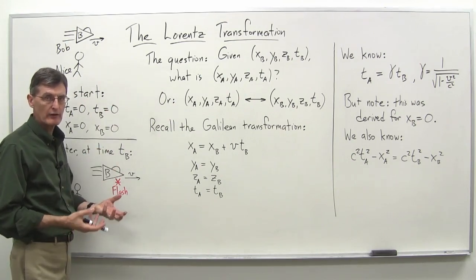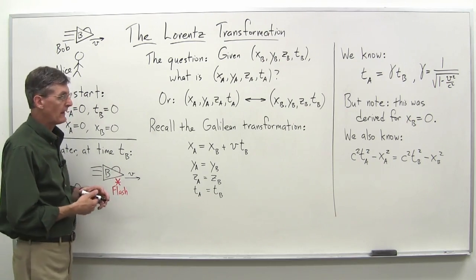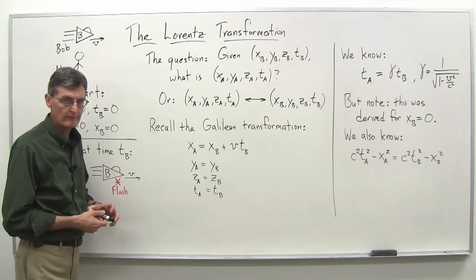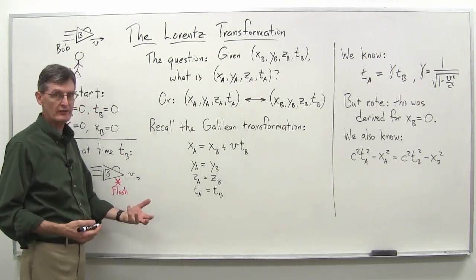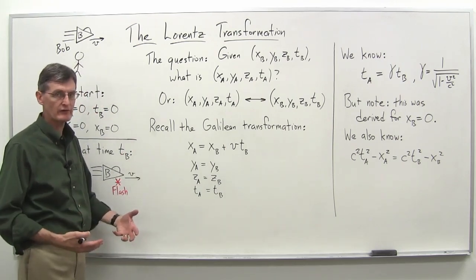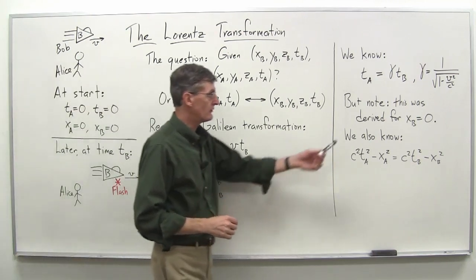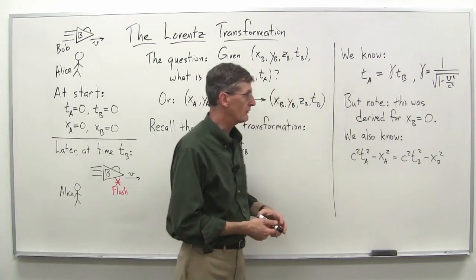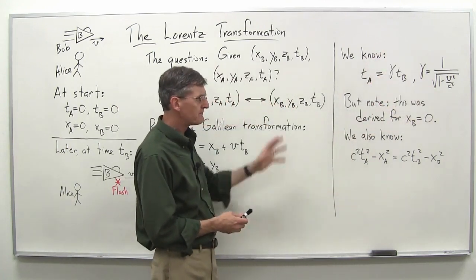Alice will see Bob's clock ticking more slowly and running more slowly, right? That's the whole idea of time dilation. Bob does not see any difference. His clock is working just fine as far as he's concerned. It's Alice observing the moving clock that has this Lorentz factor, gamma, involved in there. And of course, gamma is 1 over the square root of 1 minus v squared over c squared.